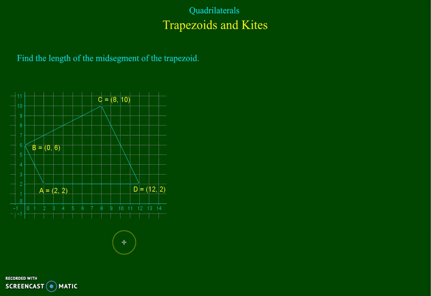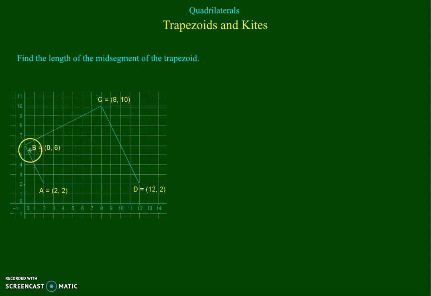In this example, we want to find the length of the midsegment of this trapezoid. So it's the length of something right about there. Now we have a couple of options to do this. One, we could find the coordinates of the midpoints of the legs.